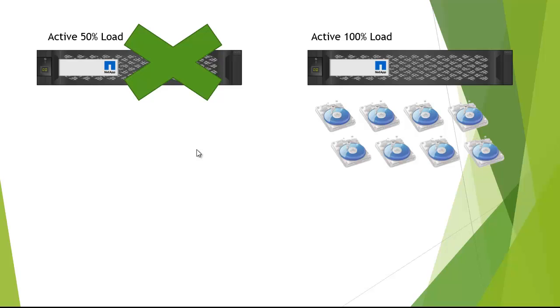So actually having an active-active can be quite beneficial because you are able to use your processors effectively during the day, and then in the evening you can ramp both processors up to 100% to do the deduping. Now in the event of a failure, it's not a big issue if you pause that deduping in the evening, because it's not going to make a big difference to your environment.